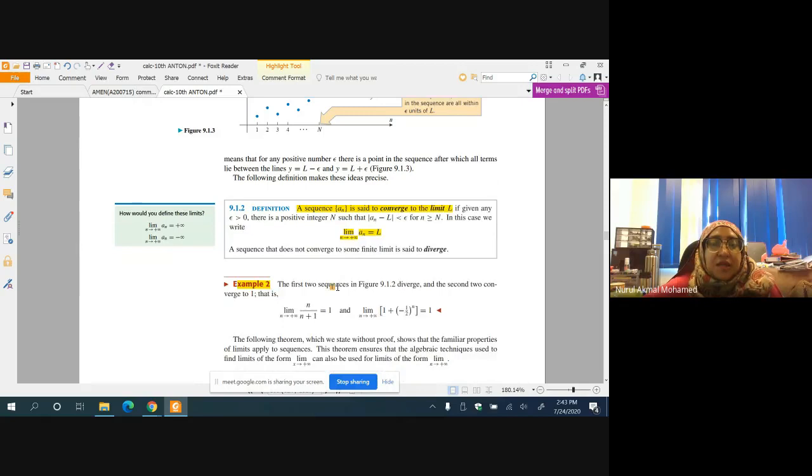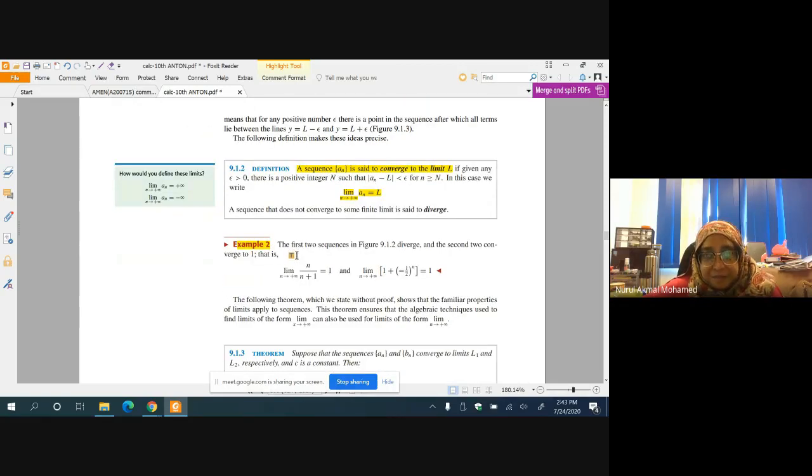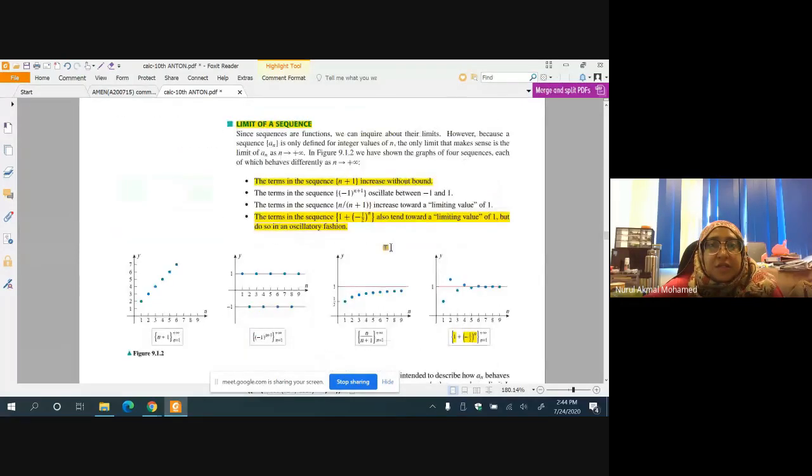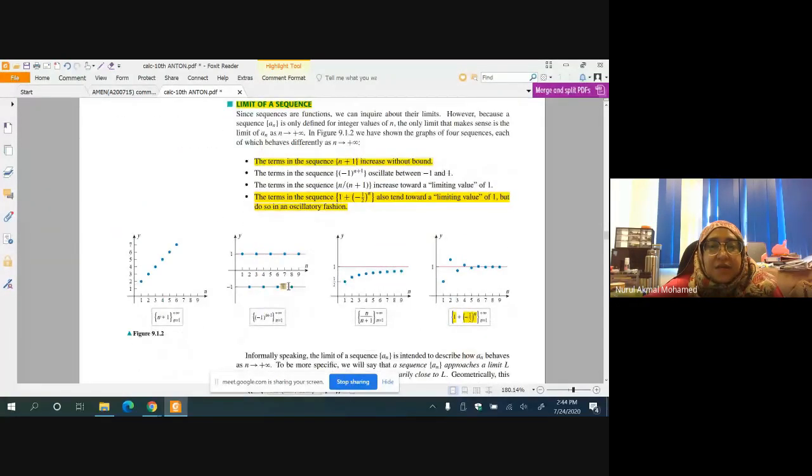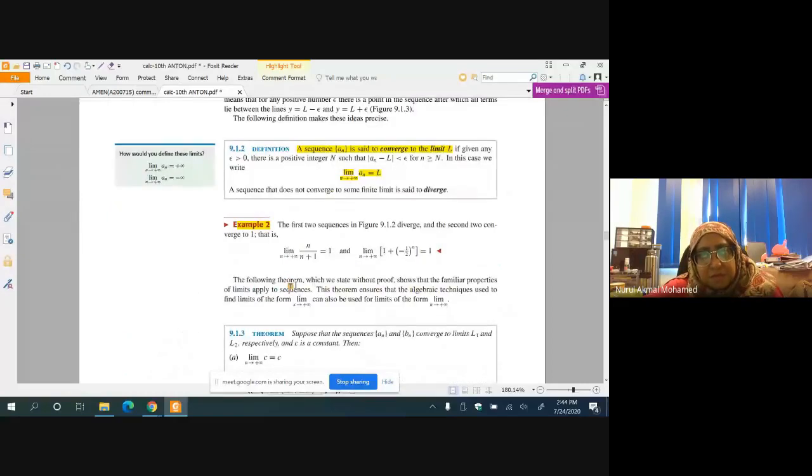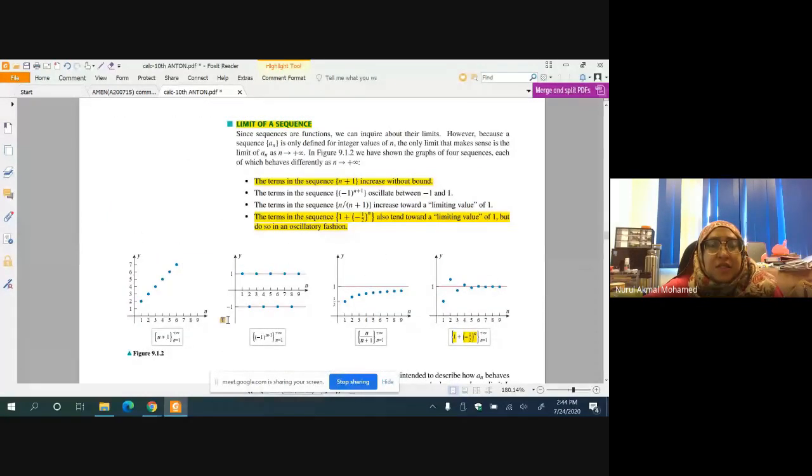So let's look at the example here. The first two sequences in figure 9.1.2 diverge, and the second two converge to 1. Okay, so it says that the first one, is it this one? Okay, this one. It says that the first two diverge, but then the second two converge.